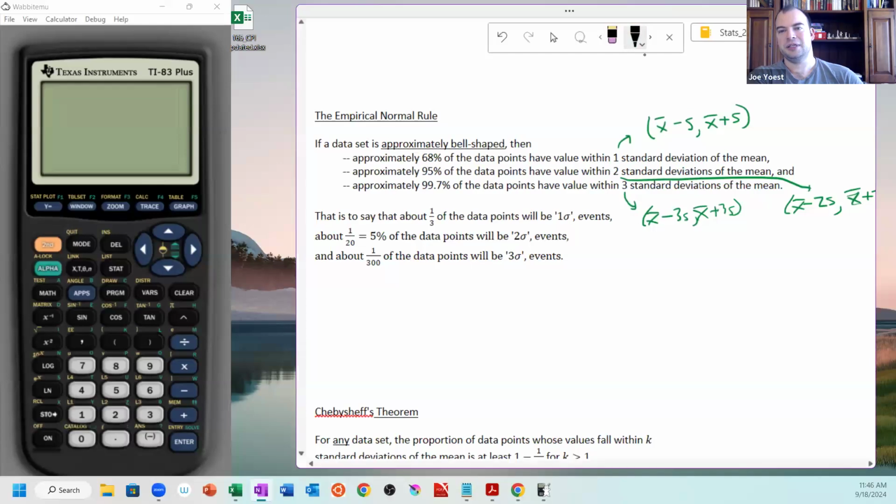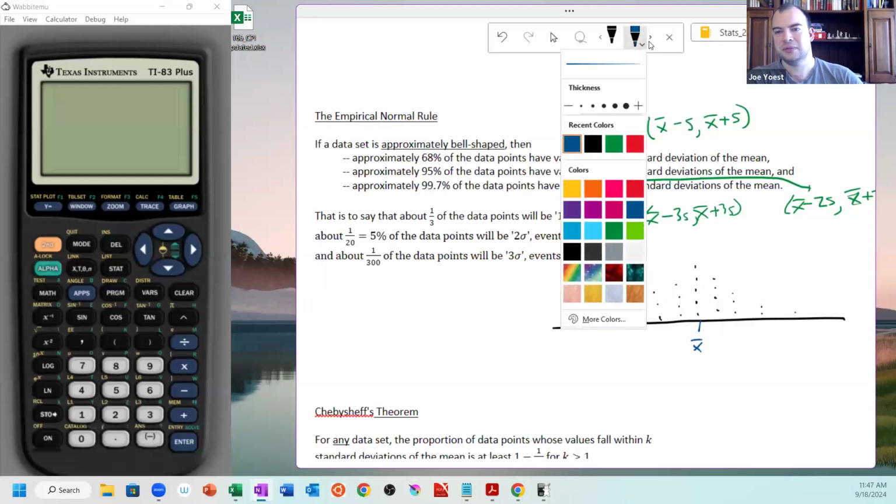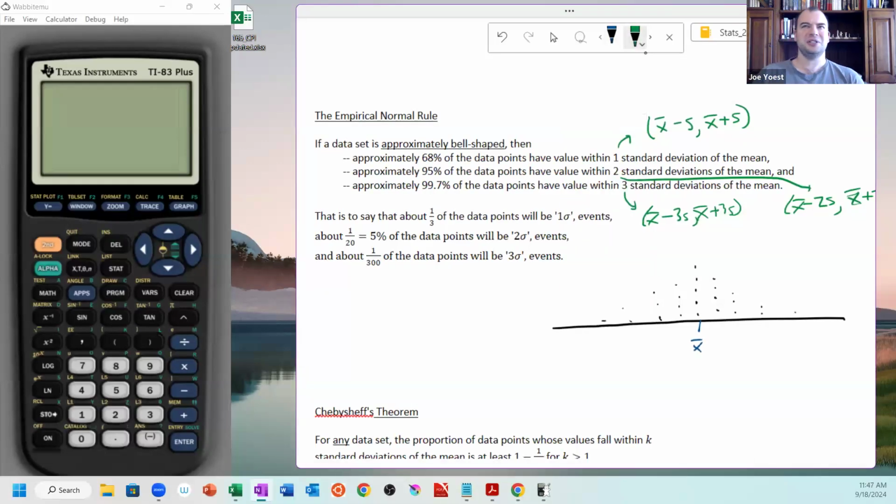So if I imagine that I have my data here, let's make some data that are approximately bell-shaped. So symmetric, peak in the middle, tails off to the sides. If I have a mean, x bar, and a standard deviation, what is a standard deviation anyway? It's kind of like a measure of breadth on the real line.